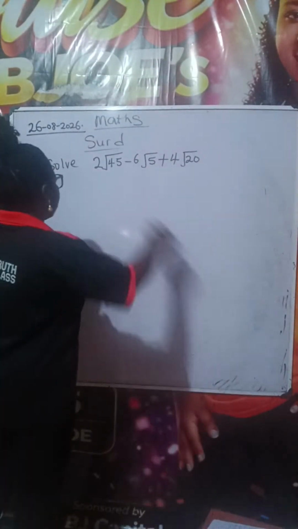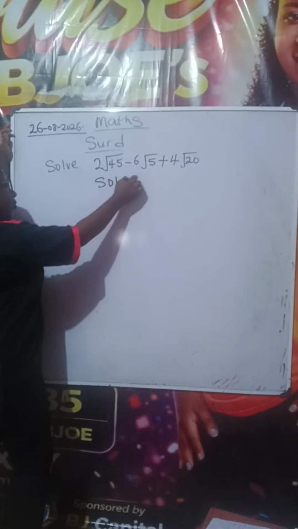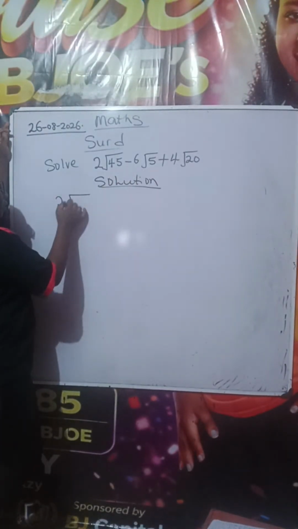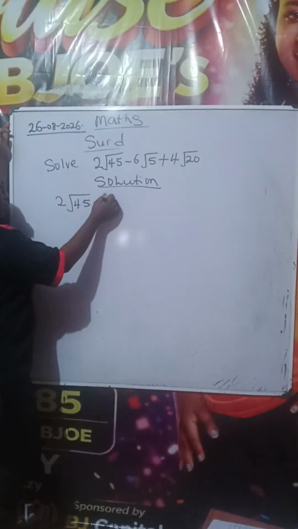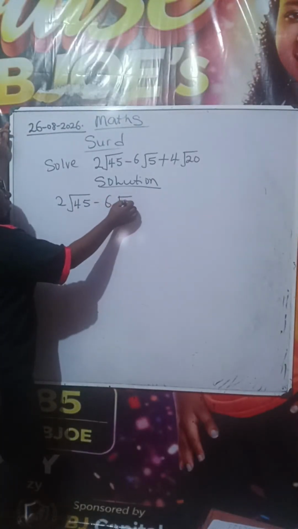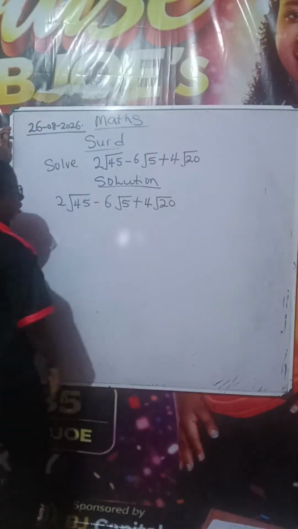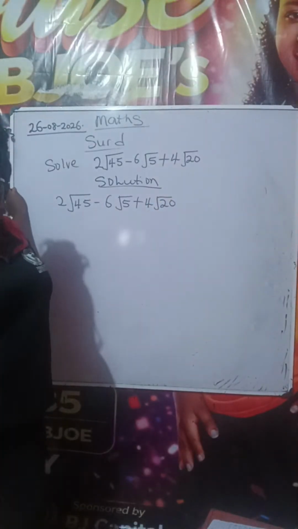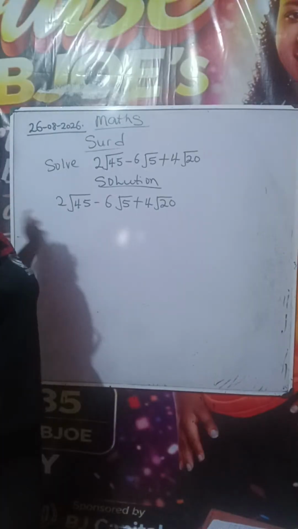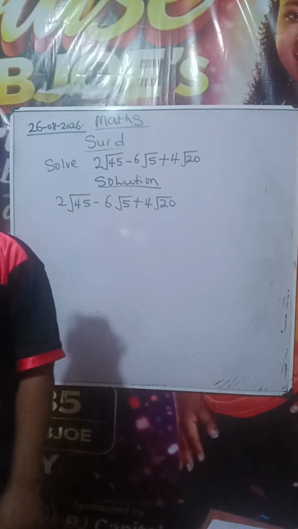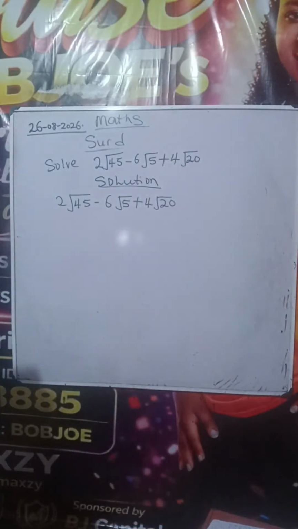So solution. We have 2 root 45 minus 6 root 5 plus 4 root 20. Now, all we need to do is to simplify this. Looking at it like this, addition and subtraction, can it take place?